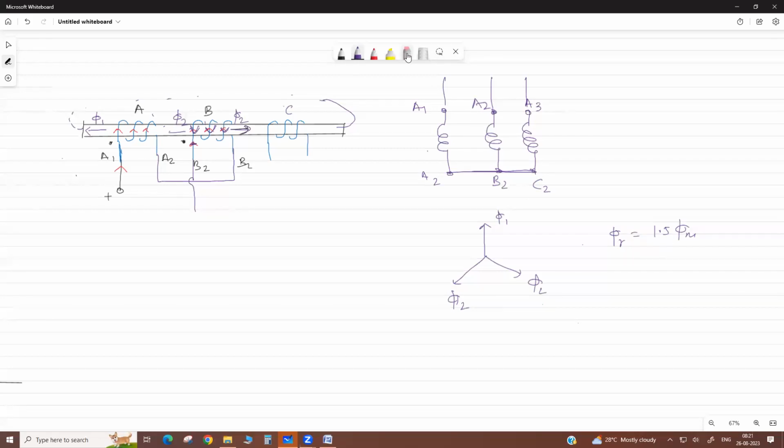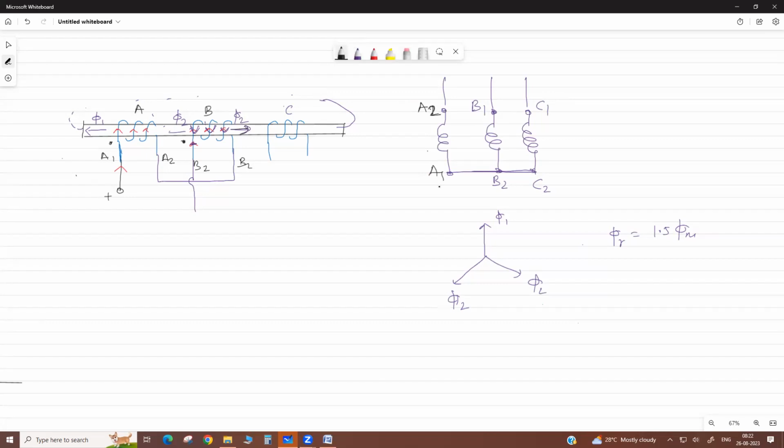But suppose one coil is opposite, by mistake. Suppose this is A1, B1, C1, and by mistake this becomes A2 and this is A1.